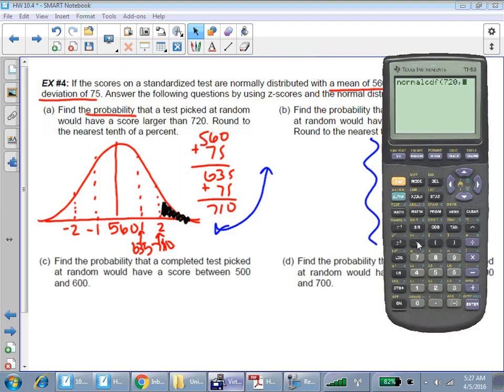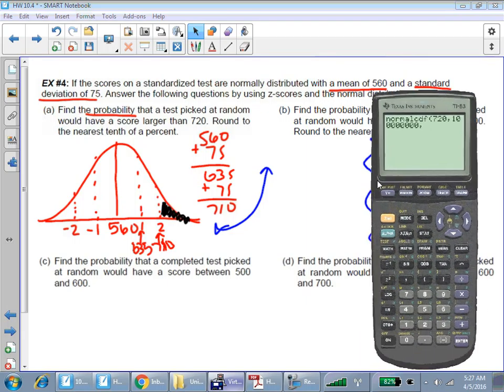Then I'm going to put my comma. And then for upper bound, I don't know what an upper bound is for this because it just says larger than 720. So I'm literally just going to write a really large number. What I do is I put 1 and then I put a whole bunch of zeros. Then put a comma. So I did lower bound, I did upper bound. Then I need to do the mean and then the standard deviation.